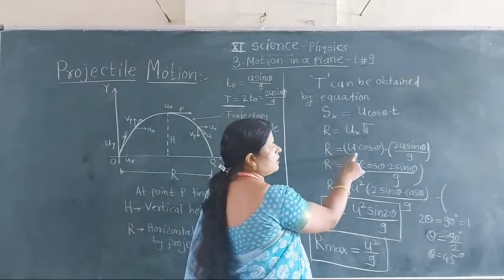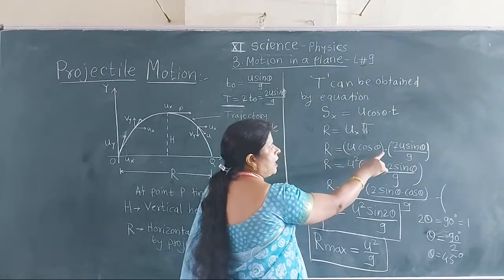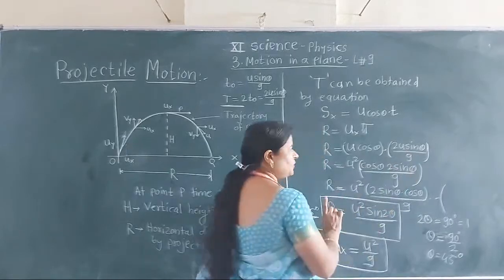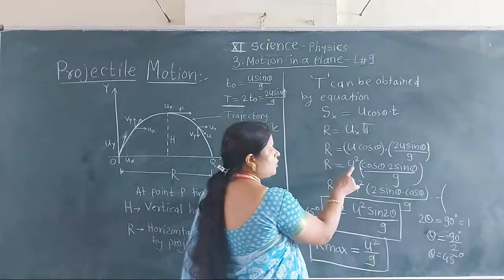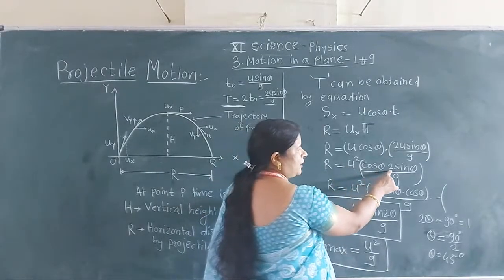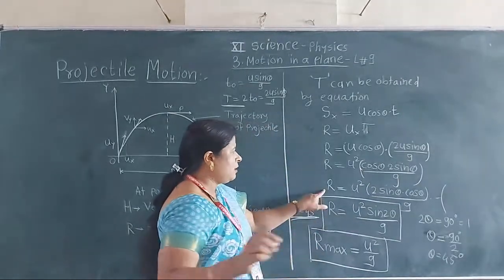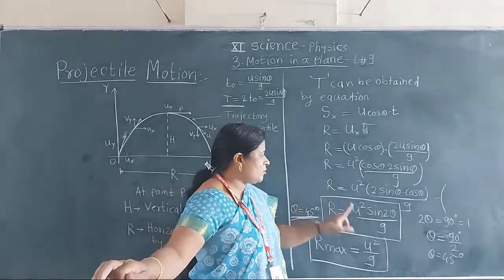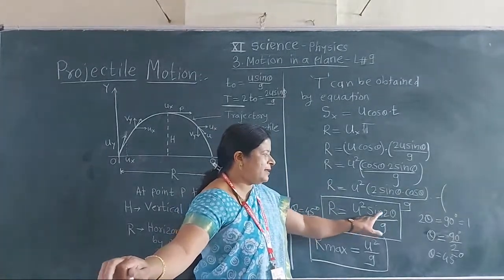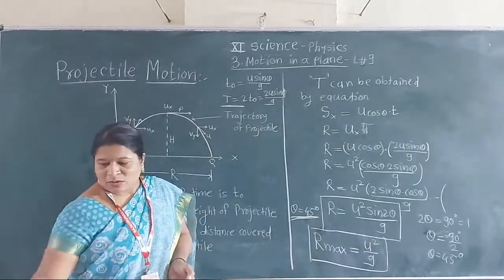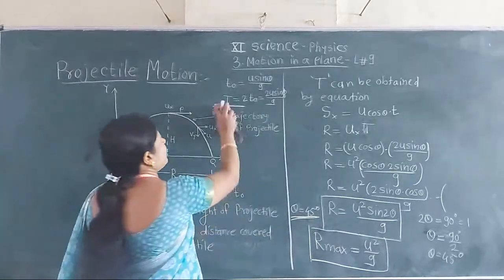So R is equal to u cos theta into twice u sin theta divided by g. Therefore R is equal to u square cos theta into twice sin theta divided by g, and we get the equation R is equal to u square sin 2 theta divided by g. Here R is the range of a projectile.